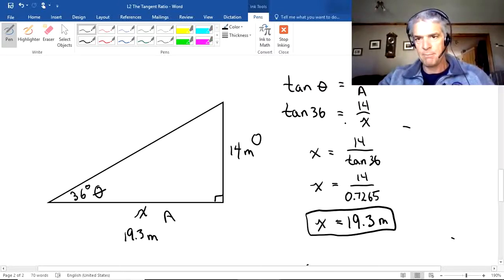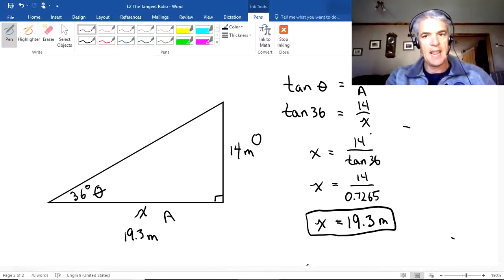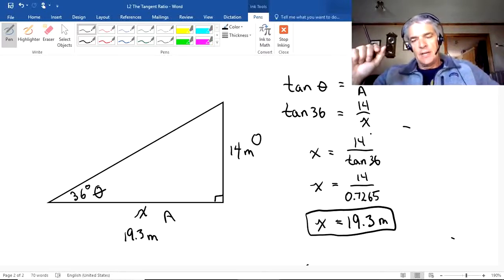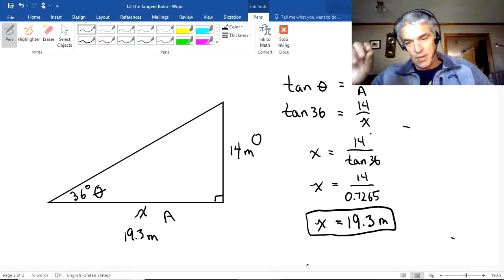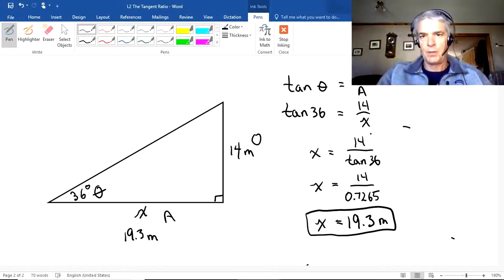When I'm at this step right here, if you have a good scientific calculator, you can simply put in 14 divided by tan 36, and you have your answer, and the answer comes out to the exact same thing, 19.26, and you round it off to 19.3, okay? All right, so it works really quite nice.